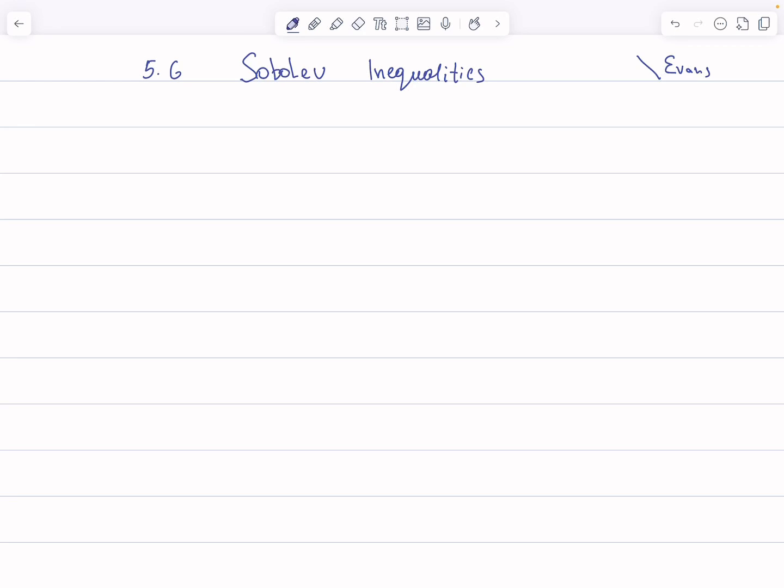Our goal in this lecture is to discover embeddings of various Sobolev spaces into others. So we want to find an estimate of functions in one L^p space by another L^p space.